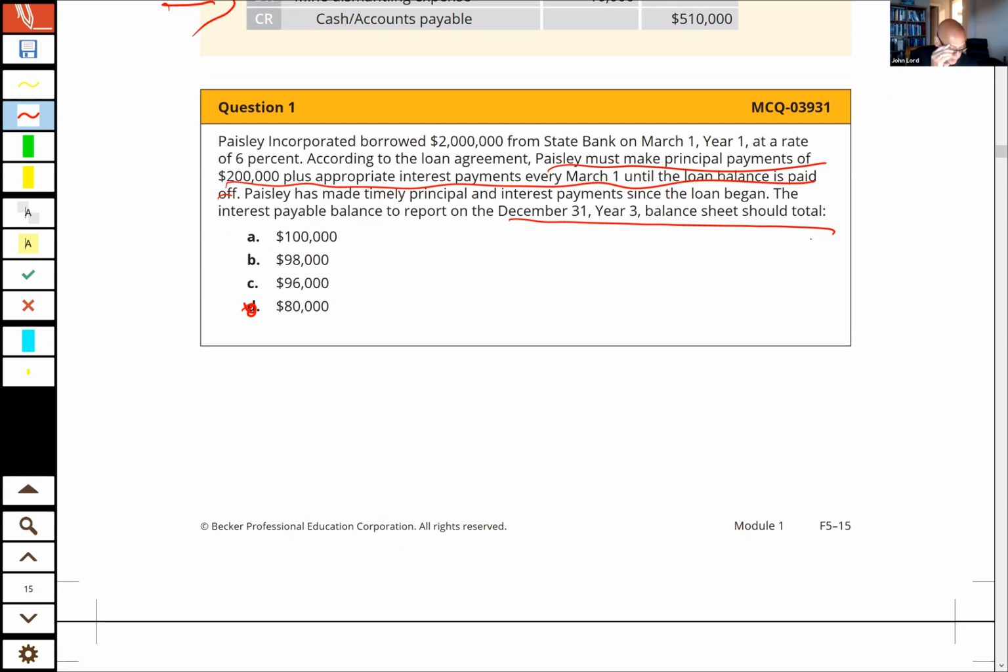So the first thing you do is say, okay, they borrowed $2 million, and every 3/1 there's going to be a payment. You don't make the first payment the same day you borrow the money. The first payment is going to be 3/1, year two, and that's going to be 200,000.